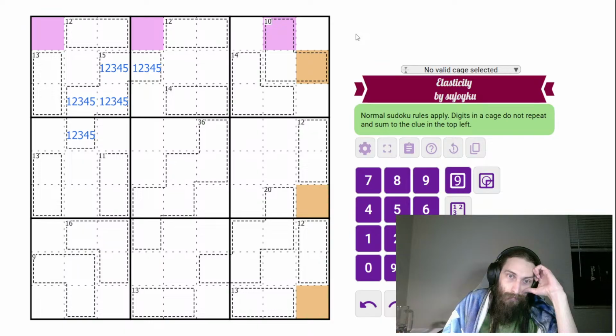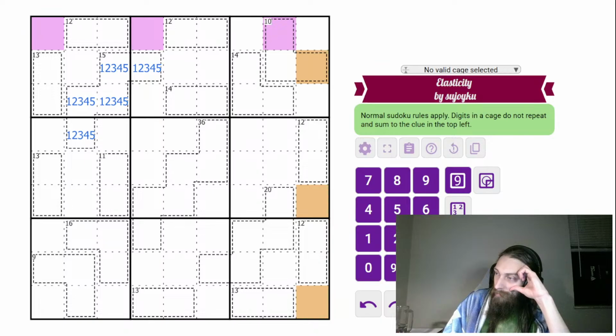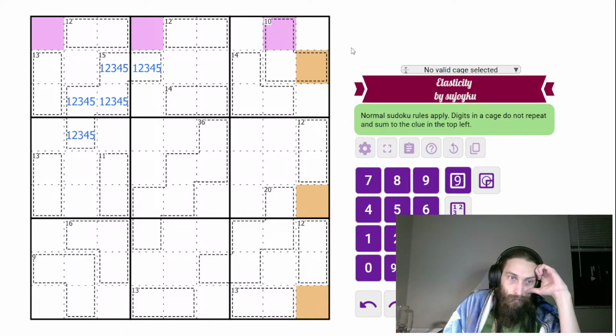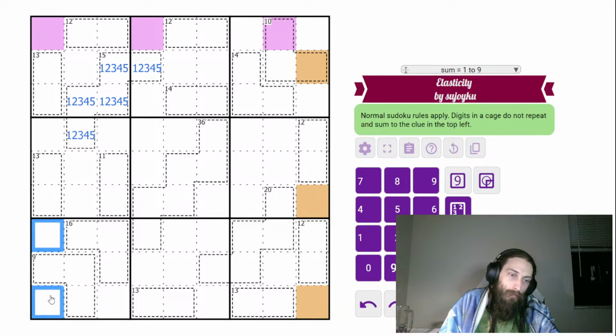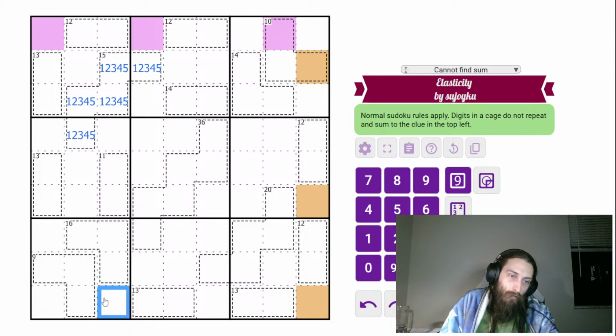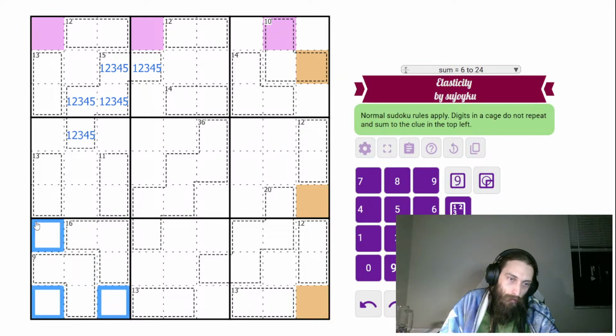Five. One and two isn't in the 20 that's left over.